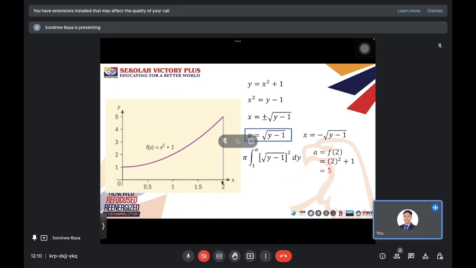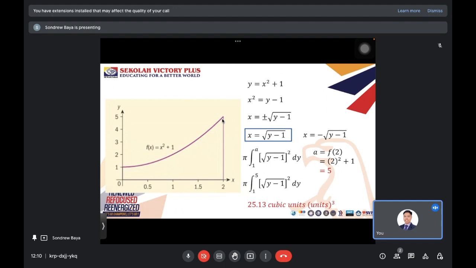That means at 2, y is equal to 5. So we are now very certain that the upper boundary is equal to 5. Thus, we can now improve our notation. So it's now pi times the integral of the given function at y squared from 1 to 5. And using your calculator, we can get the value 25.13 cubic units or units cubed.